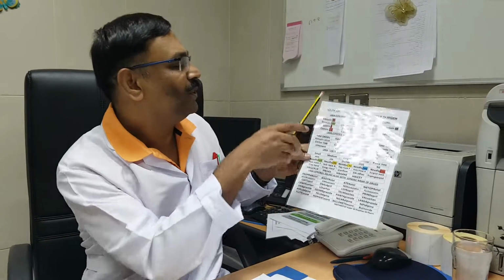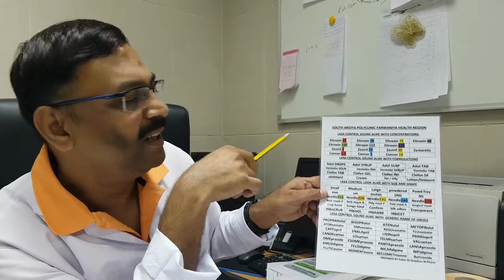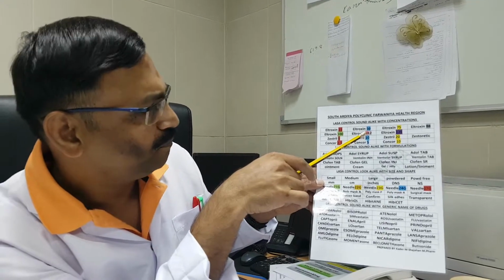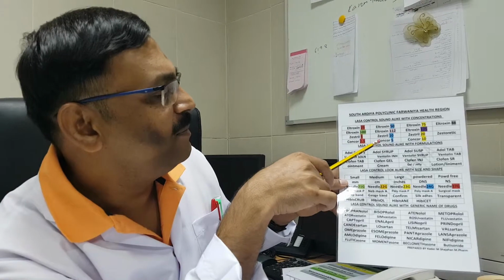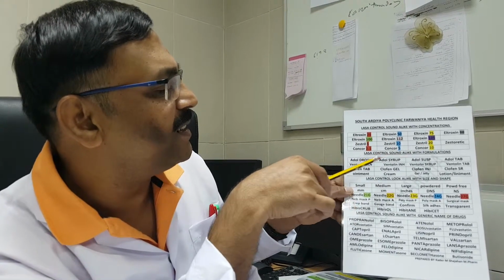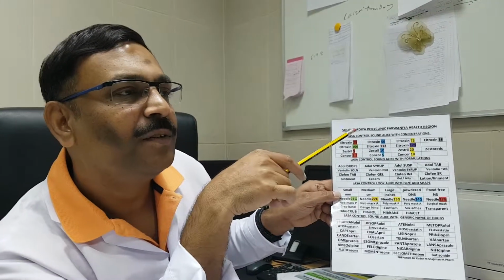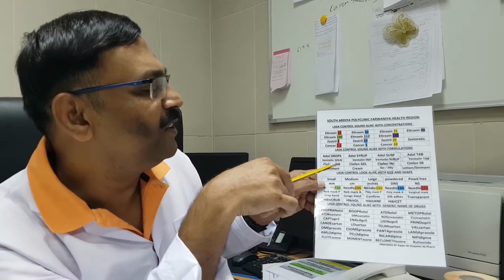Similarly, there is a LASA issue with concentration. For example, Eltroxin, we have different concentrations: 25, 100, 50, 112, 88 milligram. And similarly, Concord, Gestil, different concentrations. And LASA control, sound alike with formulation. We have Olfen gel, Olfen tablet, Olfen injection, different formulations.